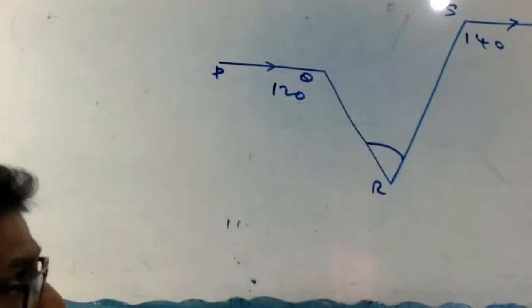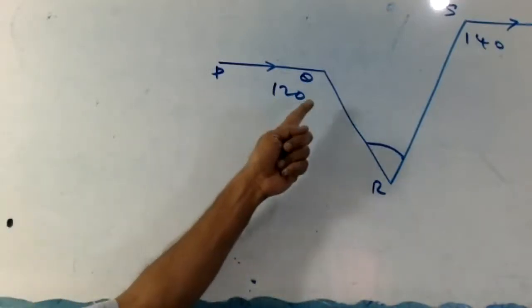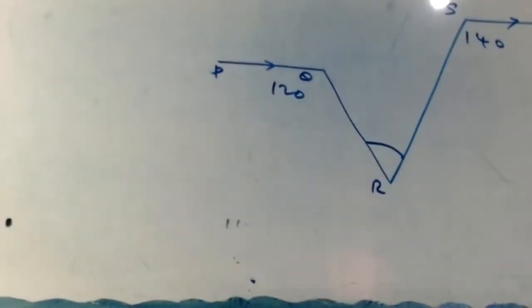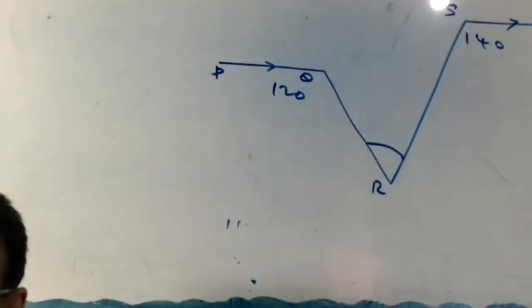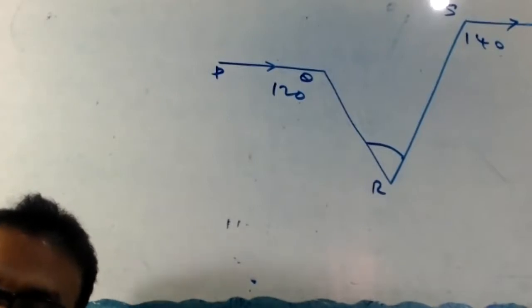Listen. PQ is parallel to ST. Find angle QRS.